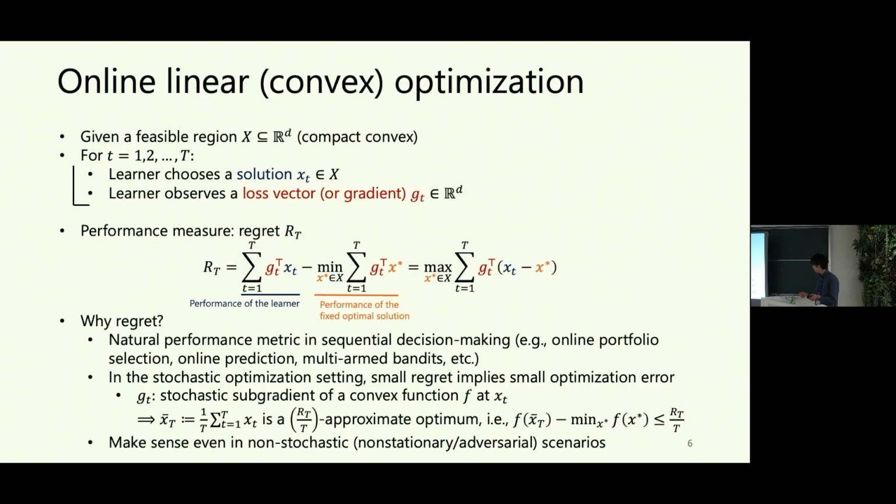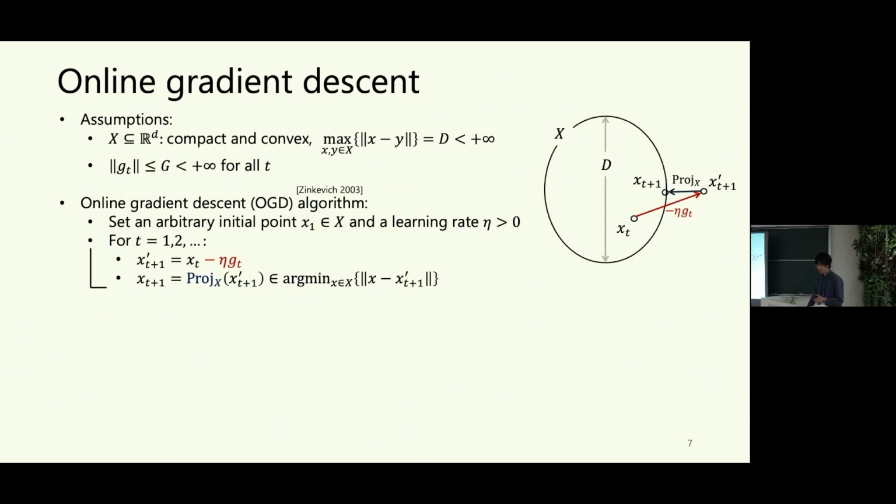I mean, if we get an online learning algorithm with smaller regret, then we can get a good stochastic optimization method. And this concept of regret makes sense even in a non-stochastic environment. So the regret is considered a standard performance metric in the context of online learning.